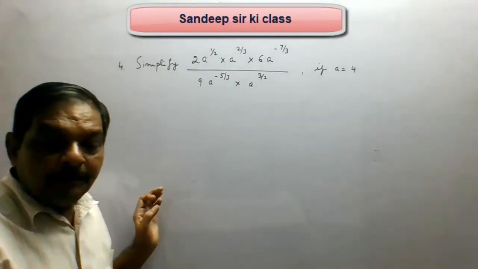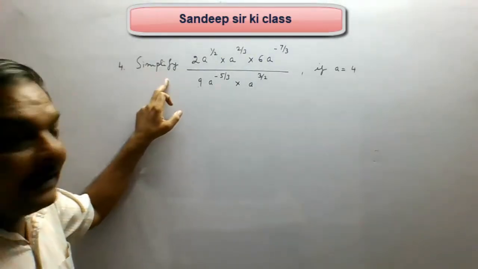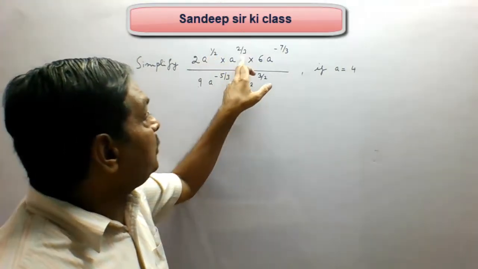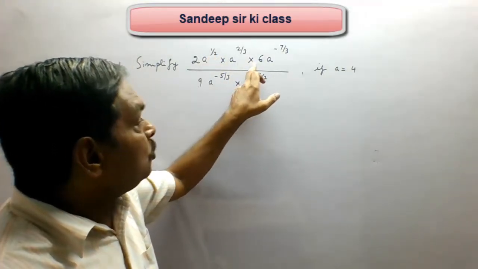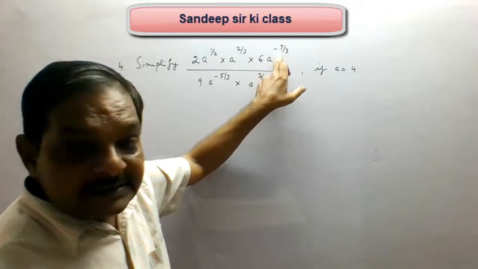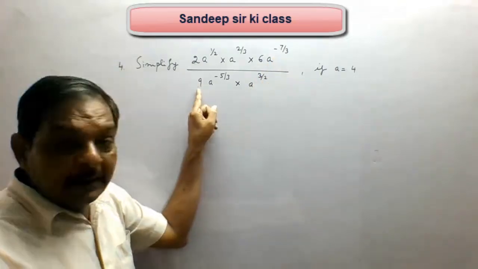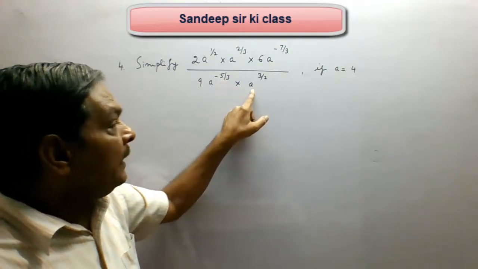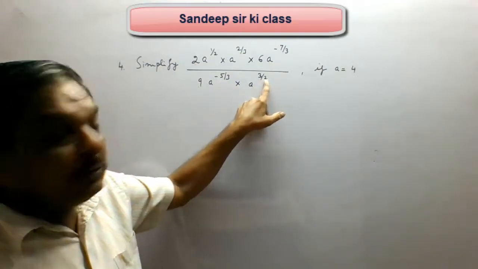Example 4 is: simplify 2a to the power 1 upon 2 into a to the power 2 upon 3 into 6a to the power minus 7 upon 3, upon 9a to the power minus 5 upon 3 into a to the power 3 upon 2.